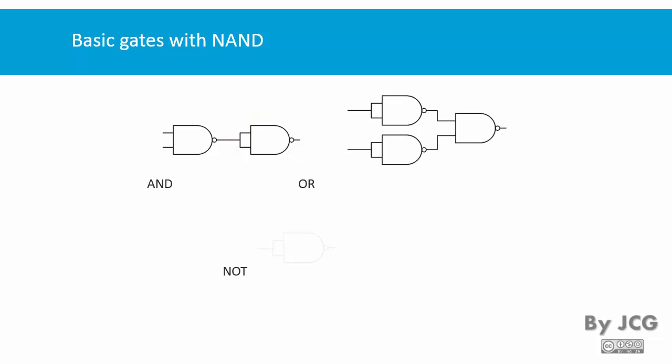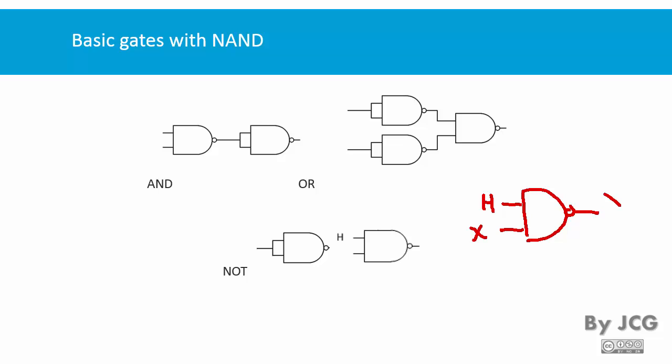Here is the OR. The OR, it's inverting the inputs first, then putting them into the NAND. And finally the NOT, where we connect both inputs to the same signal. Or we can actually do this also. We can put a NAND, and in one input we put a high, and in the other one we put any signal.